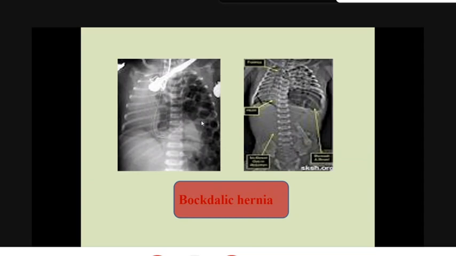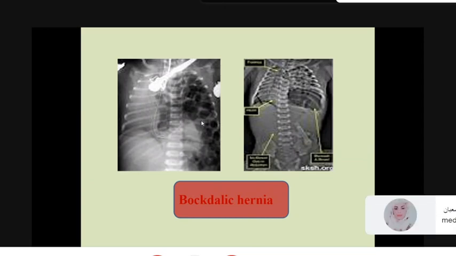So if the bowel is still fluid filled, it's difficult to diagnose on the plain film. If the content is spleen or stomach or kidney, it is difficult to see on the plain film. So we require a contrast film to show the bowel loops that extended into the chest.